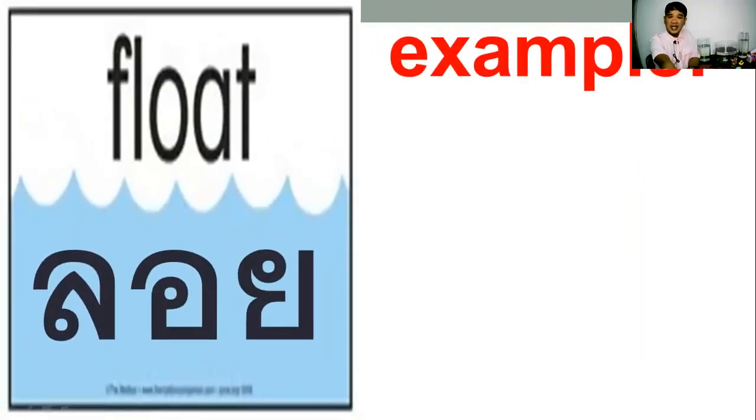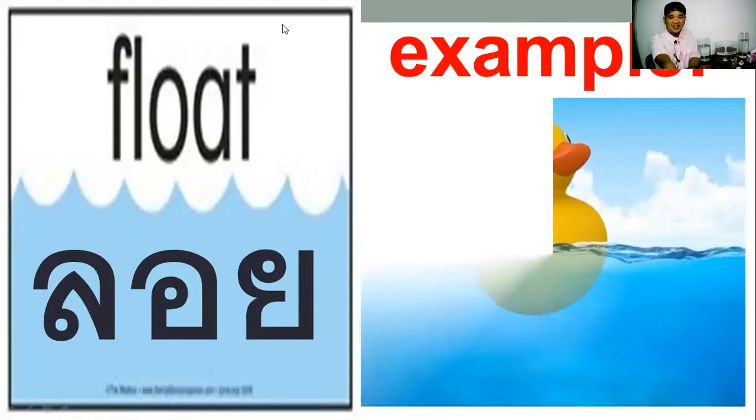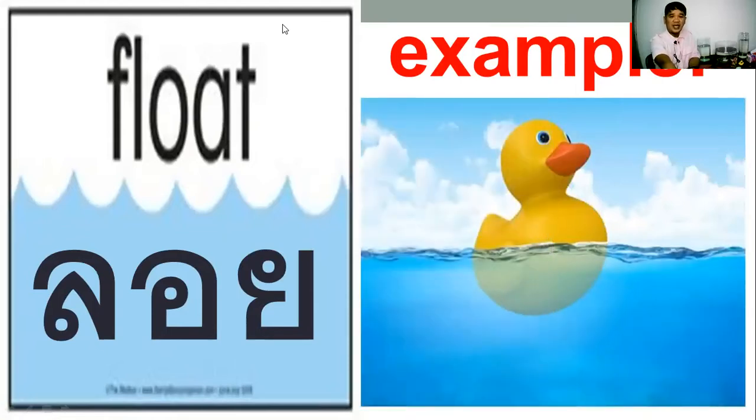Now let's have some examples for float. What are those examples? We have this one, the toy. It's floating on the surface of the water, so it is considered as float.